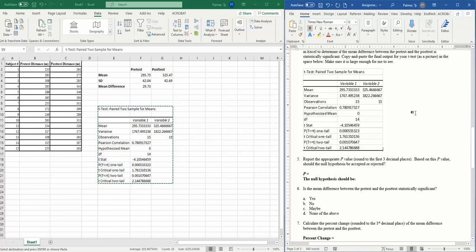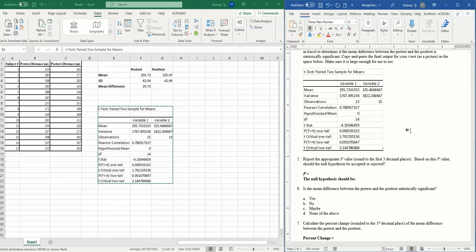Remember, the magnitude of the R value dictates the size of the relationship. An R value of 0.4 or higher is indicative of a moderate to strong relationship.